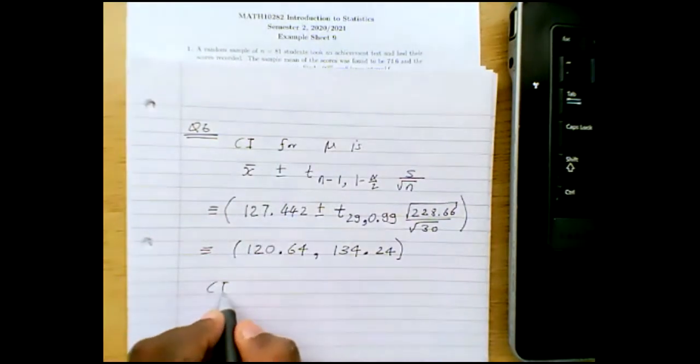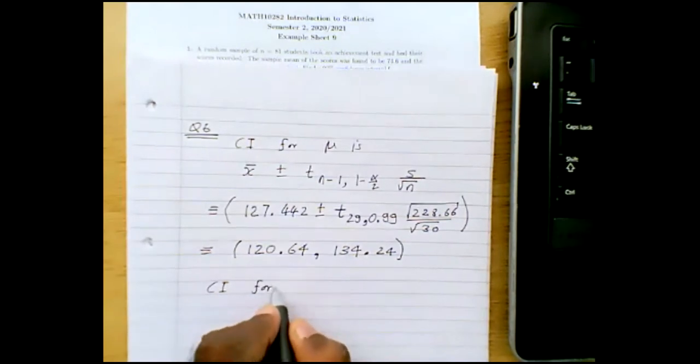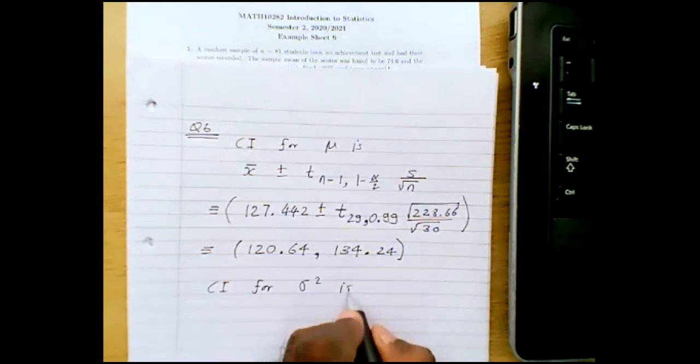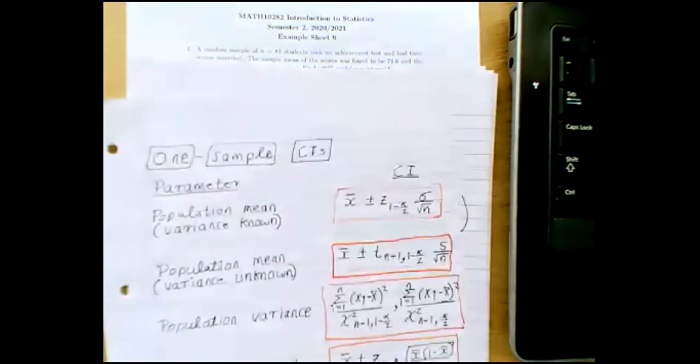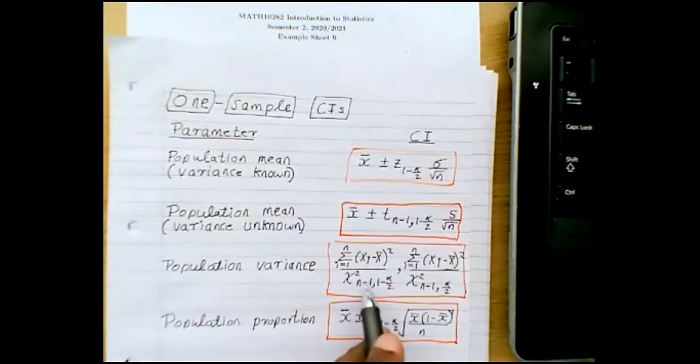And the confidence interval for population variance, according to this formula here, this is the formula I'm going to use.